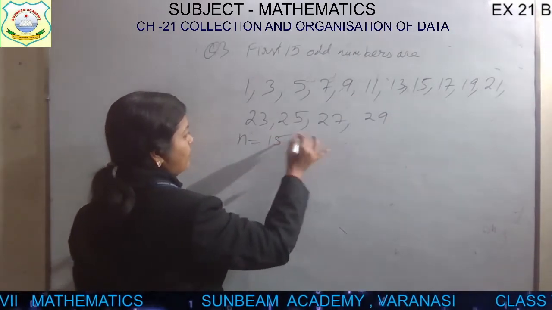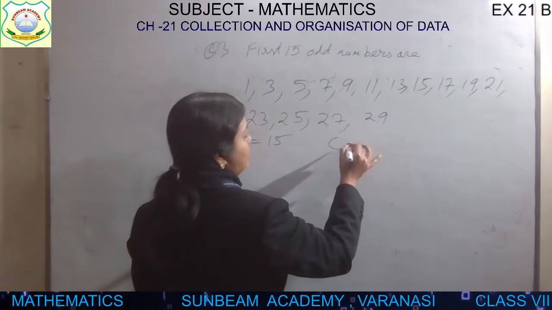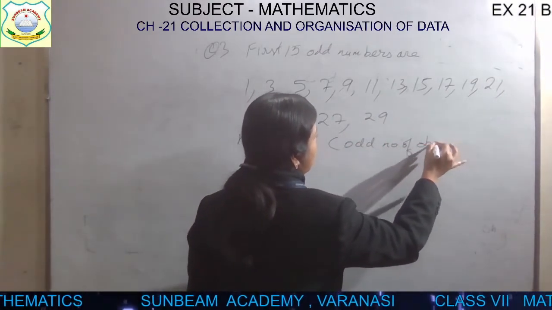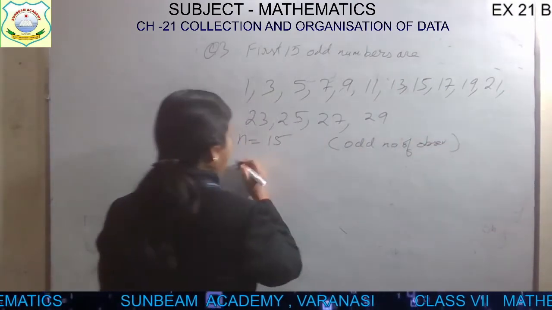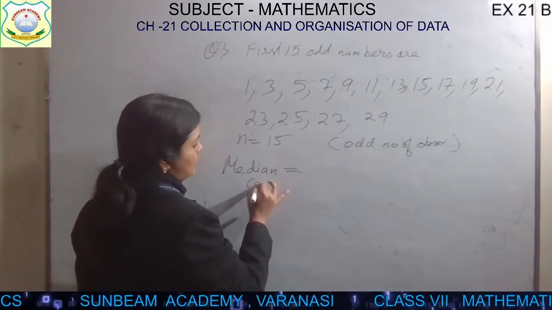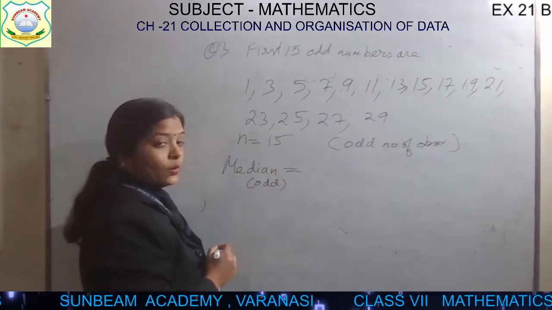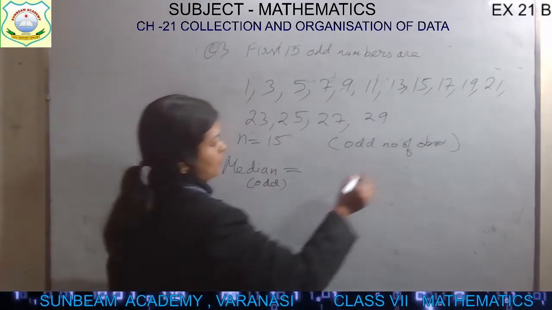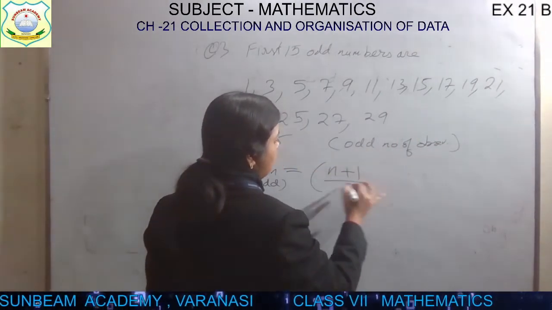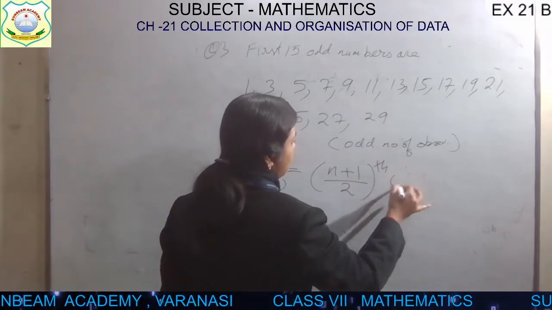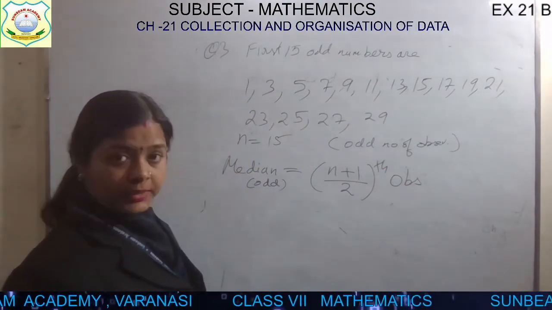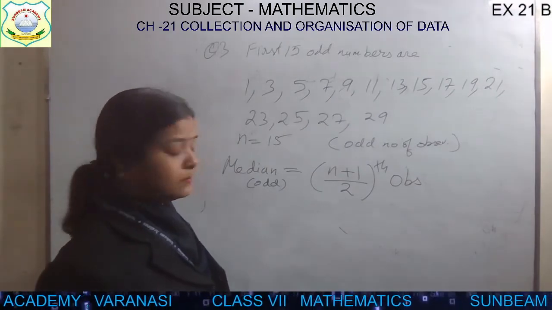So now n is 15, that is an odd number of observations. Now we will apply the formula for median when the data has an odd number of observations. So it is n plus 1 by 2th observation. एकदम simple है बेटा ये.